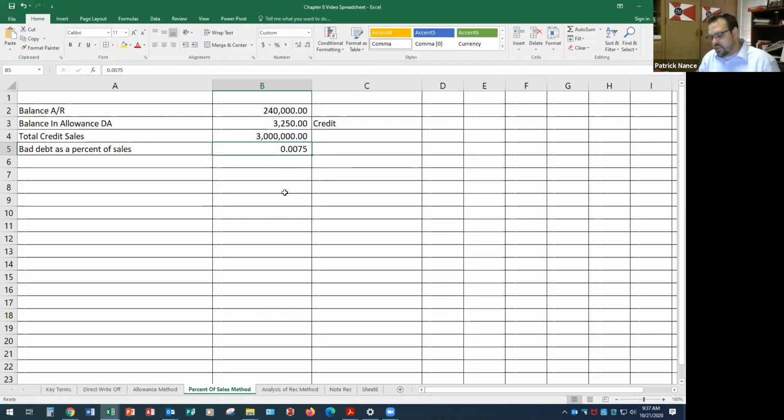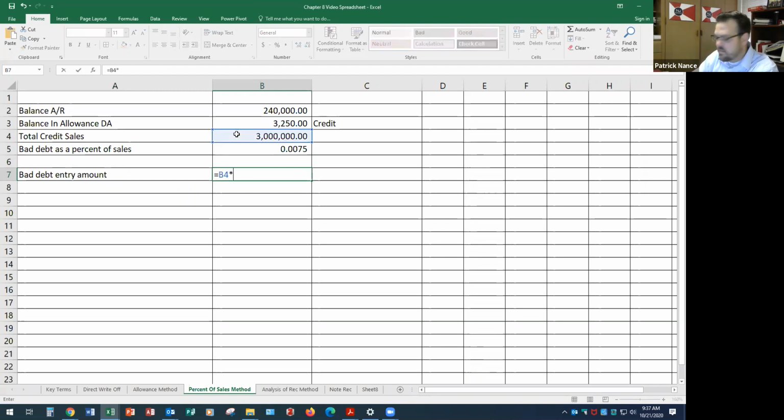But 0.75%. So quite simply, all I would do if I'm using the percentage of sales method is I would take the total credit sales times this percentage to find what my journal entry needs to be for. So my bad debt entry amount is going to be the 3 million times 0.0075, which is 22,500.